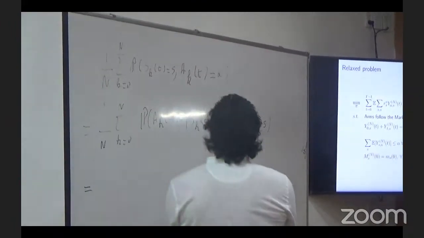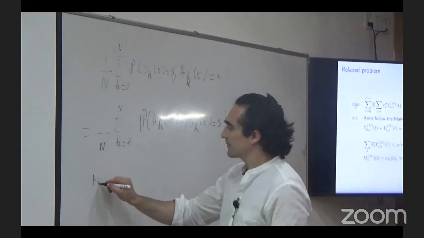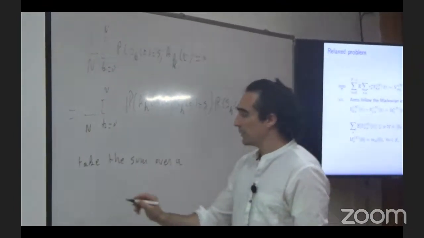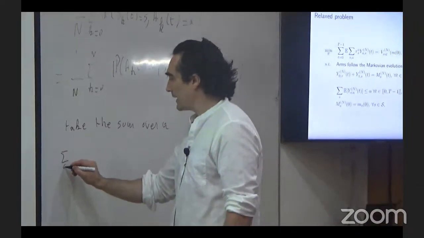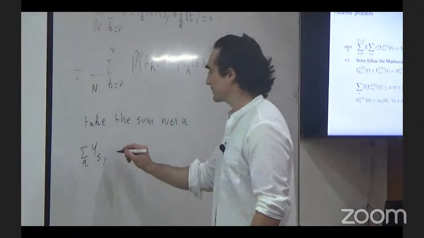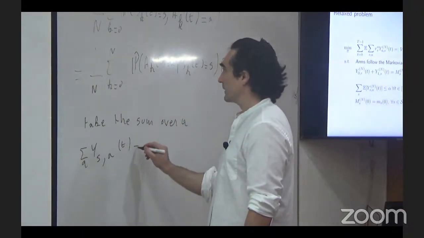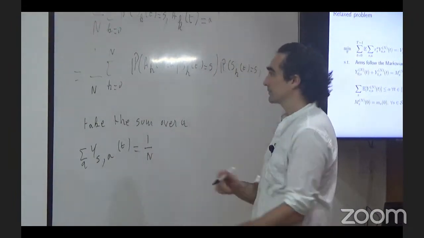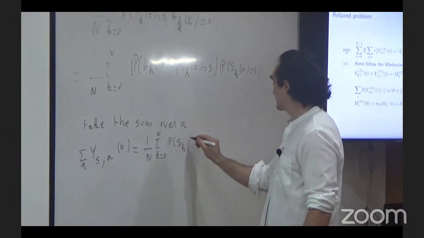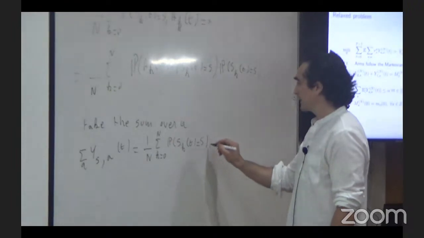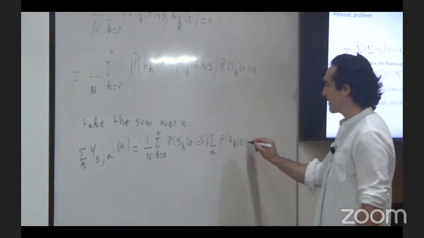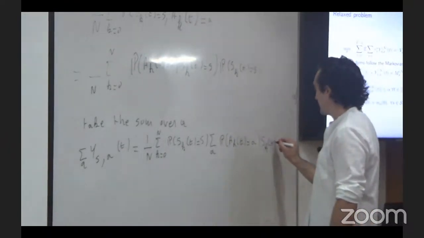The thing to notice is that you can take the sum over A, and what you will obtain is that the summation in A of Y_SA of t is equal to 1 over n, the summation over k equal to 0 to n of the probability of Sk of t equal s, times the summation over a of the probability of Ak of t equal a, knowing Sk of t is equal s.